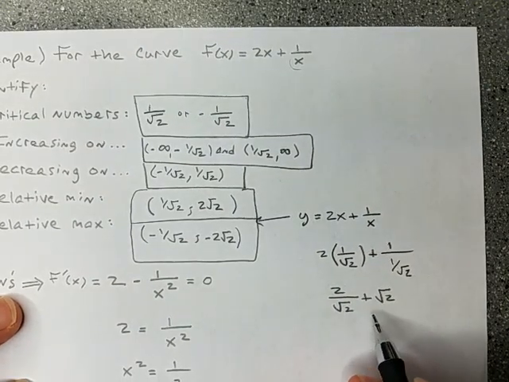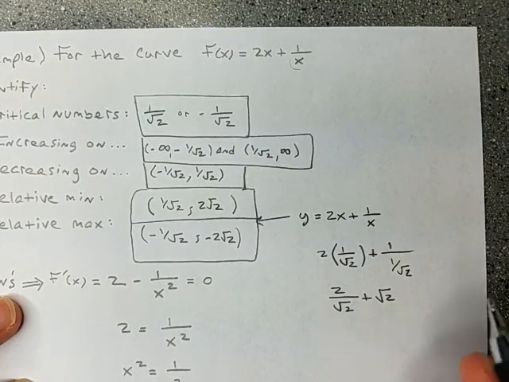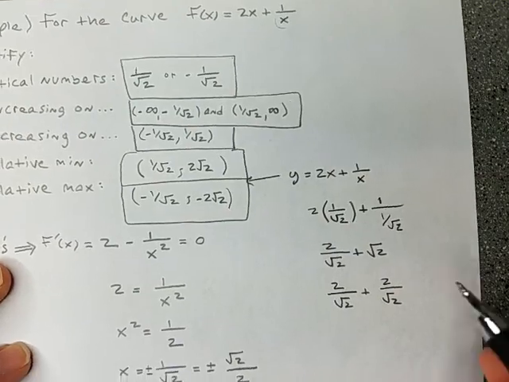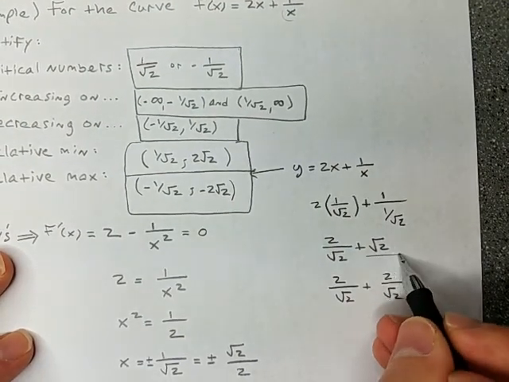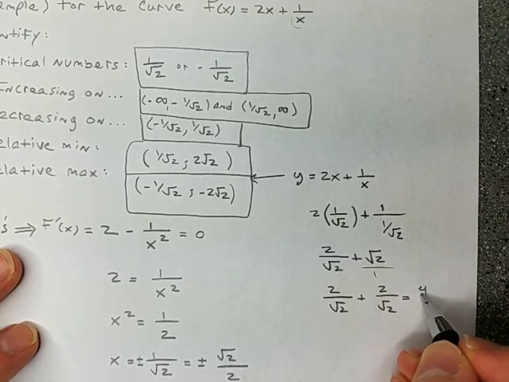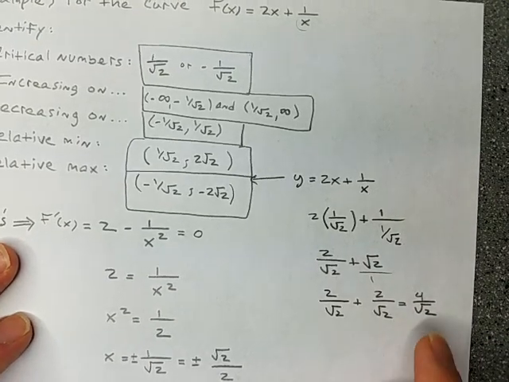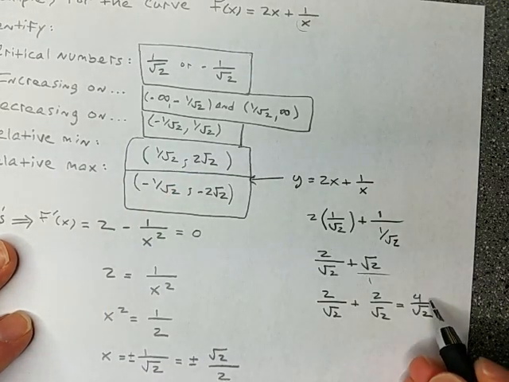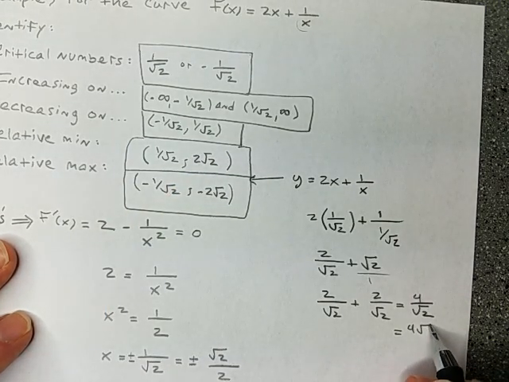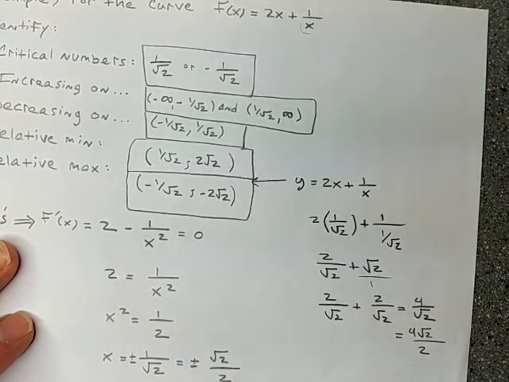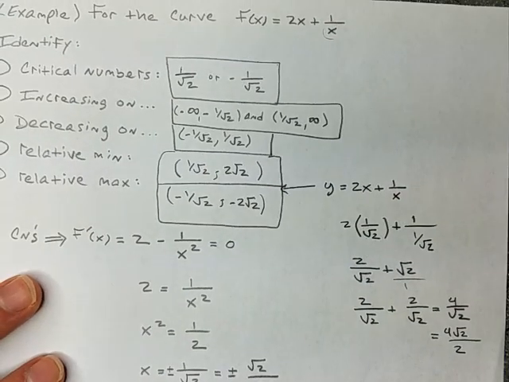If I add these by getting a common denominator of root 2, this is going to look like 2 over root 2 plus 2 over root 2. If I multiply top and bottom of this one, considering it's over 1, by square root of 2, that's what I get. So I get 4 over root 2, which I suppose counts for that number. But if you rationalize this, you're going to get 4 root 2 over 2, which is just 2 root 2. Okay, that's how I got that number.